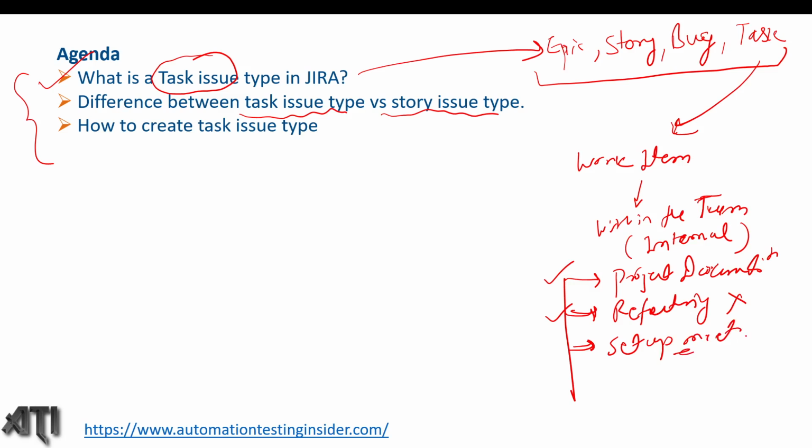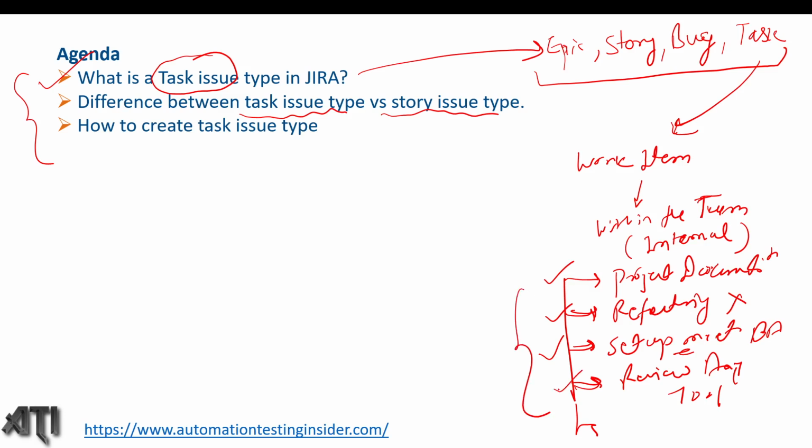Set up a meeting with the BA team or any other team, you can create a task for that as well. And another task, let's say, is reviewing any tool, any third-party tool. These are the different tasks we have.